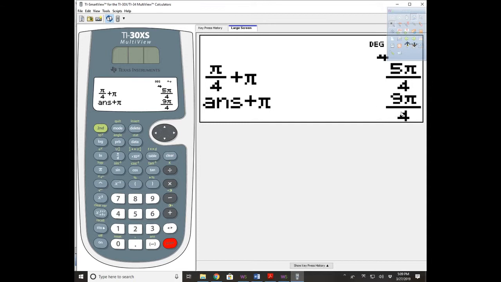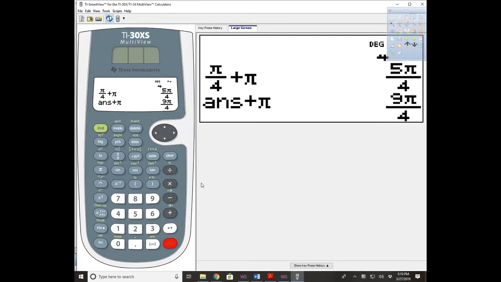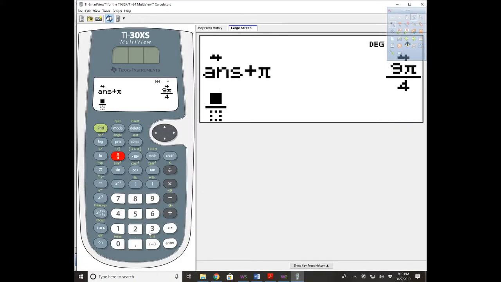So this number is too big, so now I'm going to switch over to this one. So I start at 3 pi over 4 is one answer, and I'm going to take 3 pi over 4 and add pi. So I've got 3 pi over 4, and then I'm going to add pi. So 7 pi over 4.